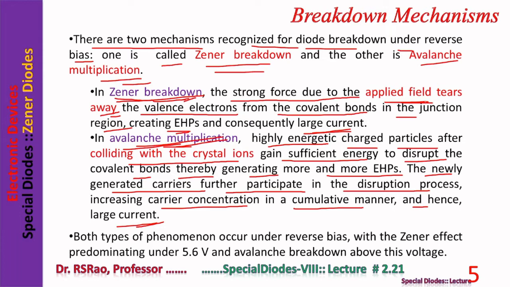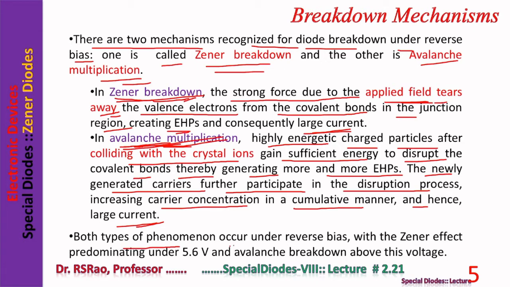A high intensity field generates electron hole pairs. The second one, avalanche multiplication, is due to collisions. Due to collisions, multiplication of the carriers happens, and suddenly the carrier concentration rises and current consequently rises. So the rise is an avalanche kind of thing.